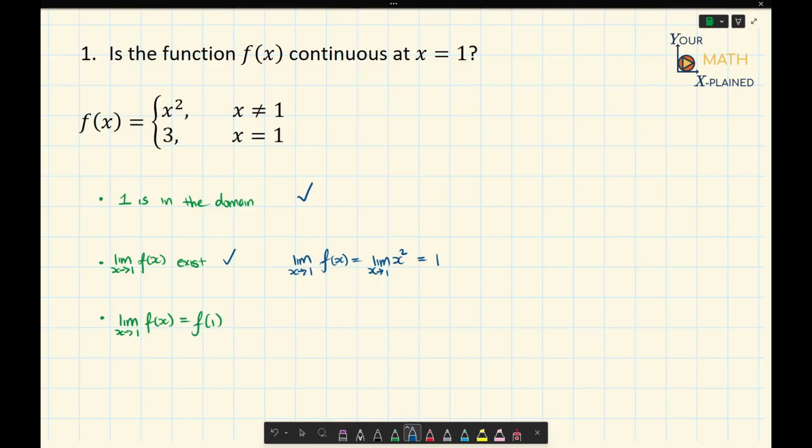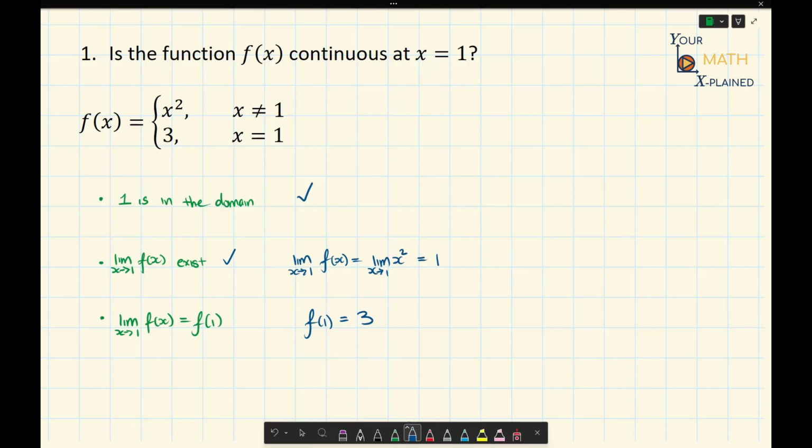And then the third and final condition says that the limit has to equal the function value. Well, we already found the limit in the previous condition. We found that the limit is equal to 1. So what is the actual function value? Well, f of 1 is equal to 3 because it's defined as 3 when x equals 1.